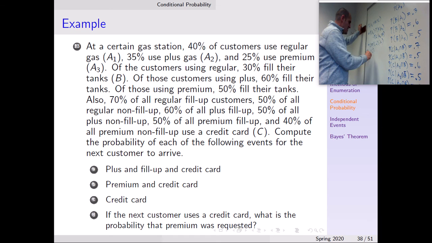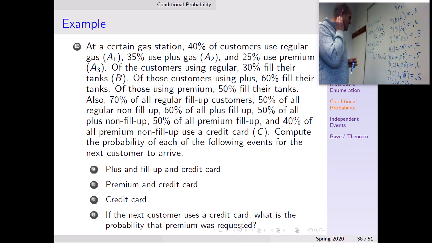It seems like that would be the probability of A3 times the probability of C given A3. Or I could think about it as the probability of C times the probability of A3 given C. I can think about it in either of those two ways.